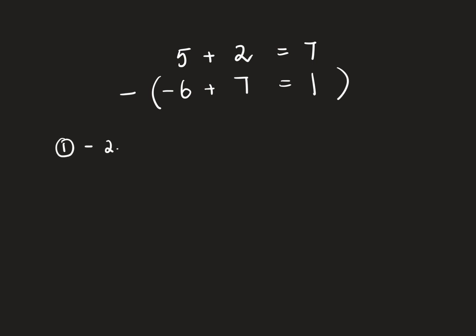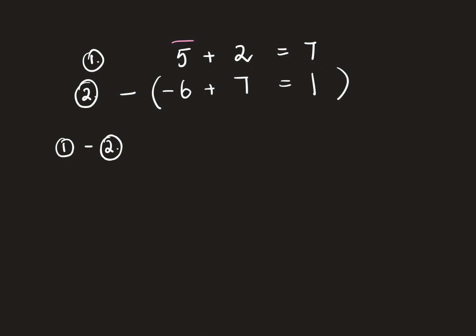Look at these ones here. Once again, I've got two true statements. 5 plus 2 is 7, and negative 6 plus 7 is equal to 1. Watch what I'm going to do this time. I am going to say the first equation, equation number 1, take away equation number 2. That's number 1 and that's number 2. Now to do this, I'm going to have to be a little bit careful so as I don't muck up my negatives.